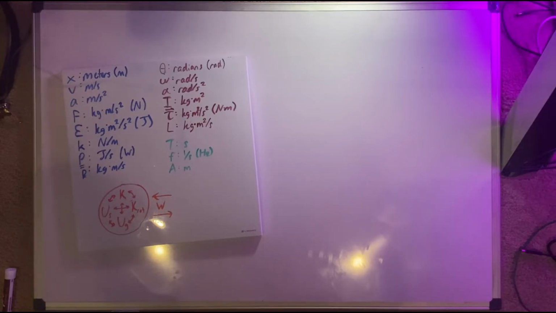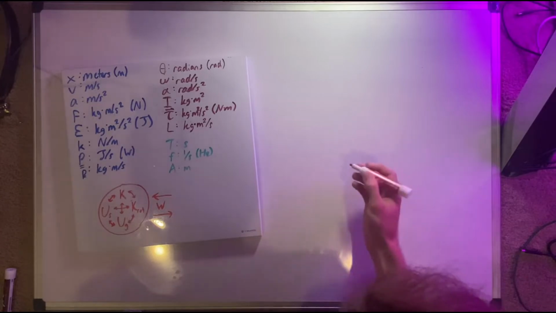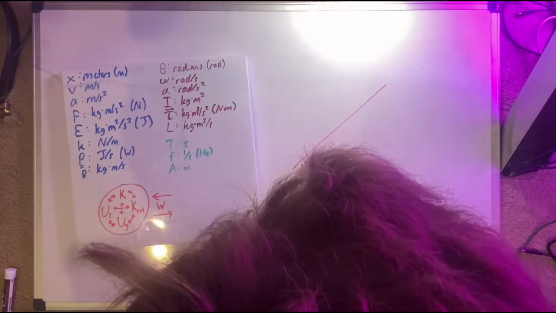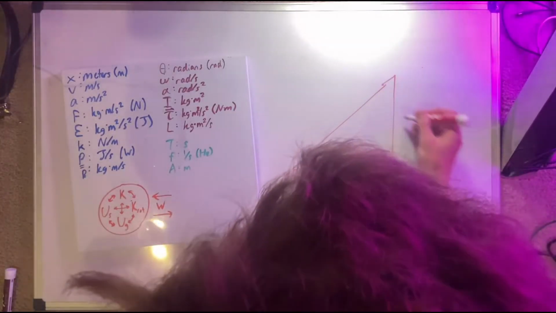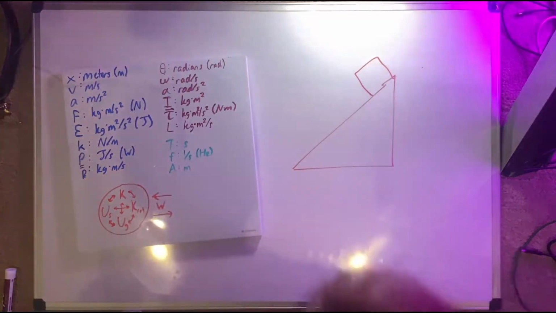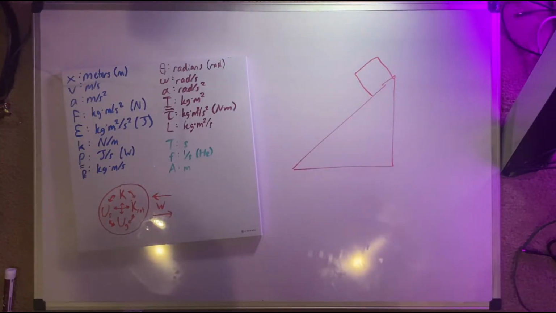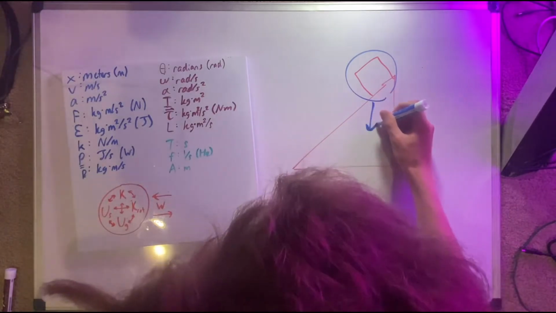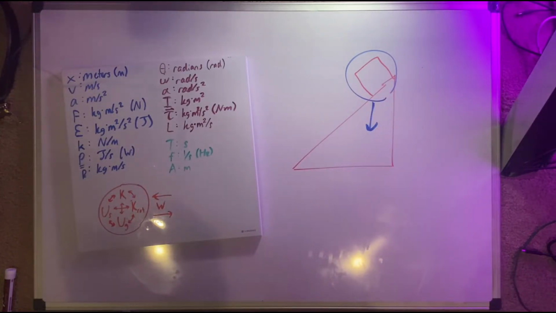So let's say, for example, we have a system where we have a ramp that doesn't have friction and a box on top. If we say that the only system we're going to describe is the box, so I'm going to circle this in blue, then we're going to get a change in energy as this box moves down the hill due to gravity, because gravity is not part of the system.